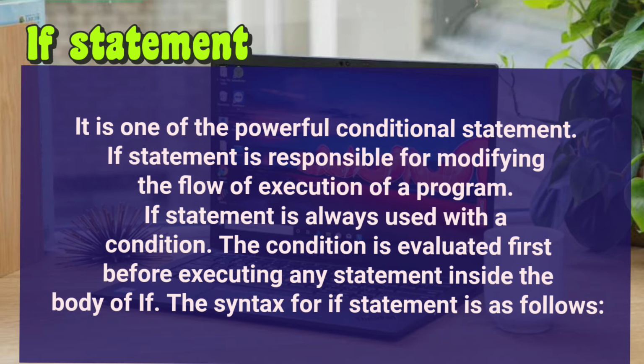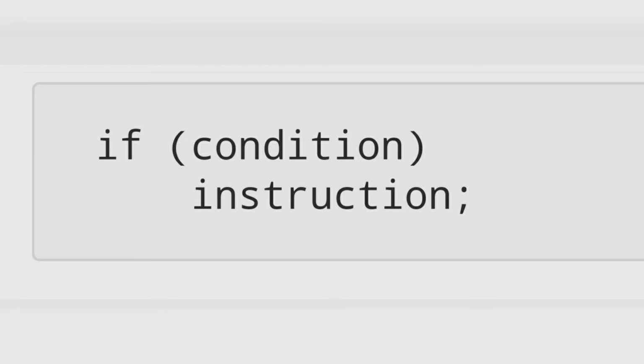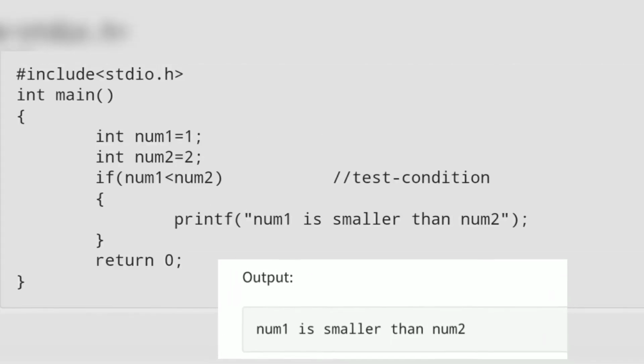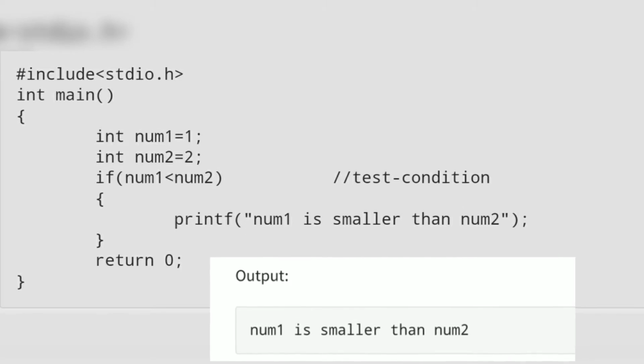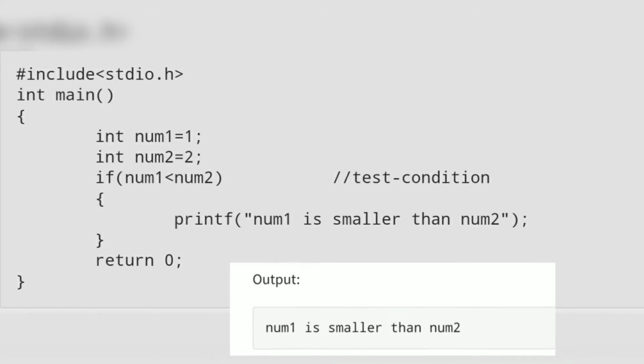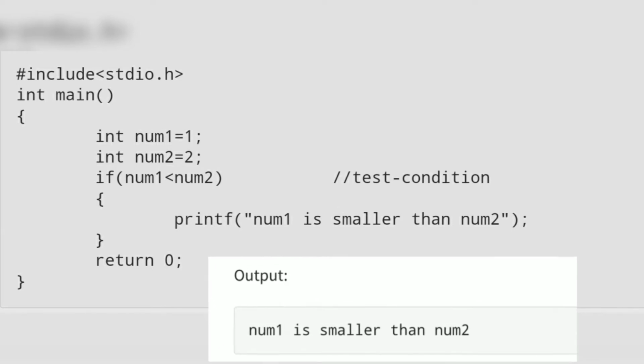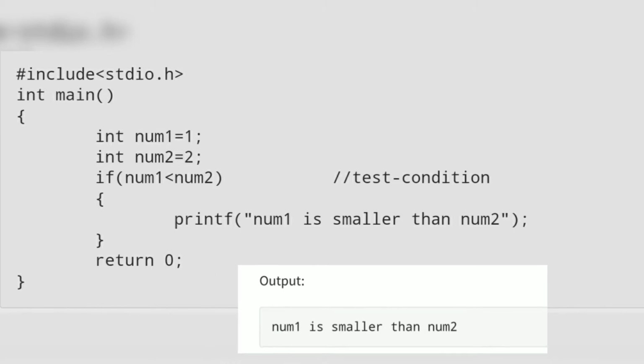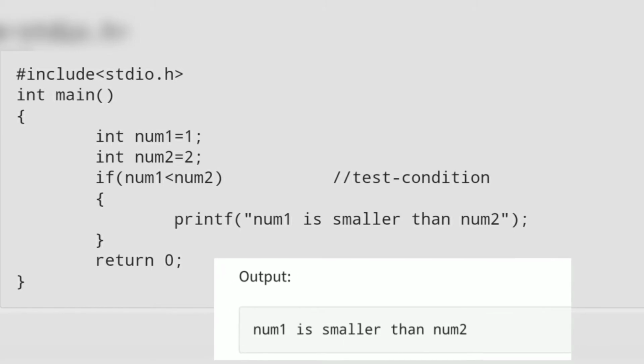The syntax for the if statement is as follows. The following program illustrates the use of if constructs in C programming, to check equality of two numbers.